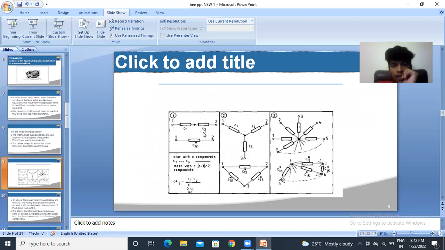This is the point, and this is the center node, the heavy dot. So this connection is known as the conductance.